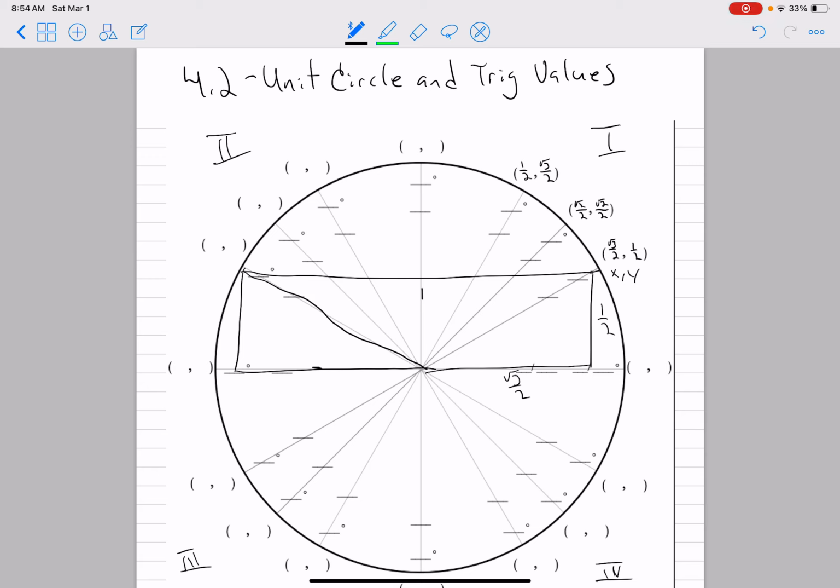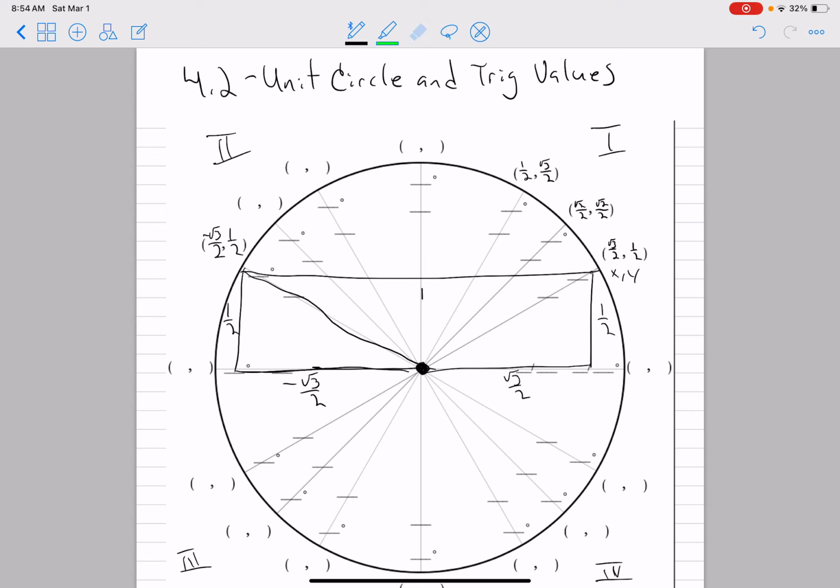Well, notice x now is negative root 3 over 2 because if this is the origin, this is the negative side of the x-axis. And y is still 1/2 because it's still going up, right? So x becomes negative root 3 over 2, and y is 1/2. Hopefully you could see how those are connected, all right?